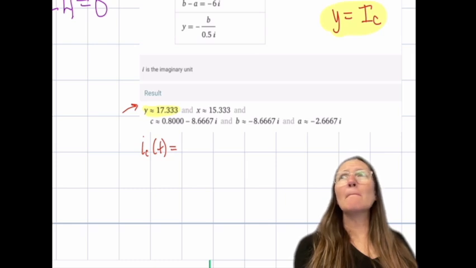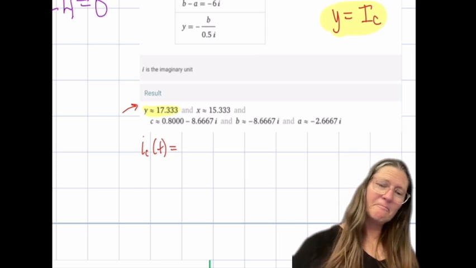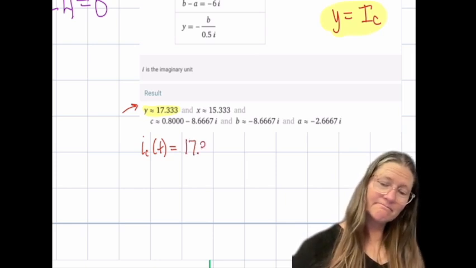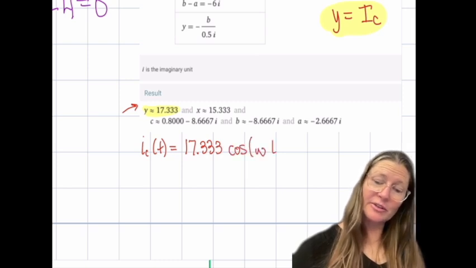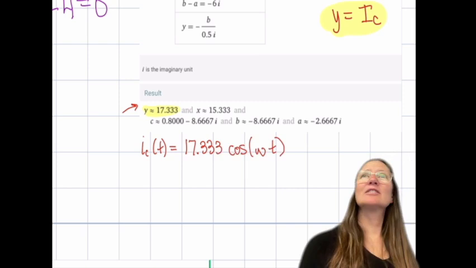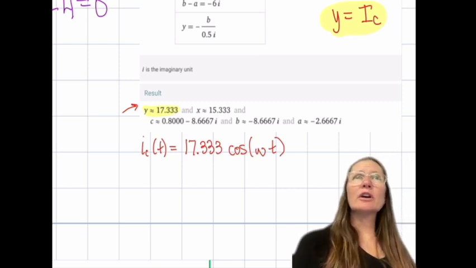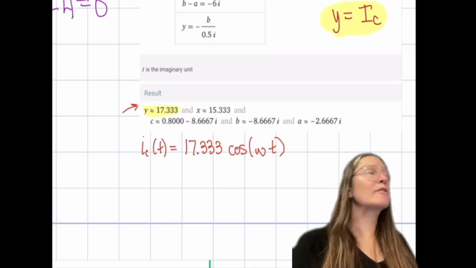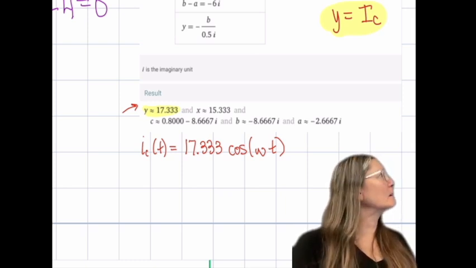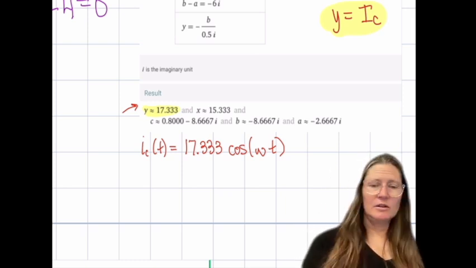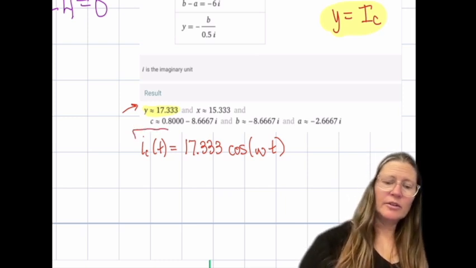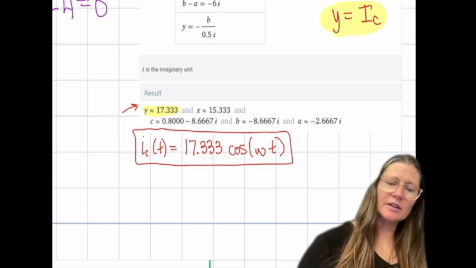So that would be what? And we don't know the frequency, so I'm just going to leave it with omega. And then there'd be no angle there, because it's only the real component of it. So this would be my I of t, or IC of t.